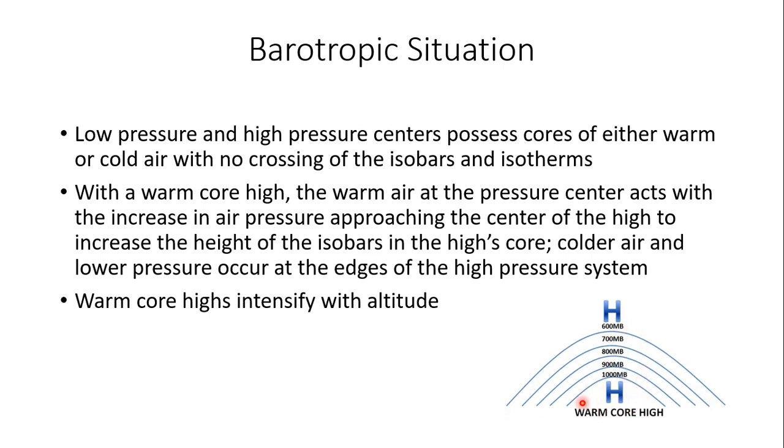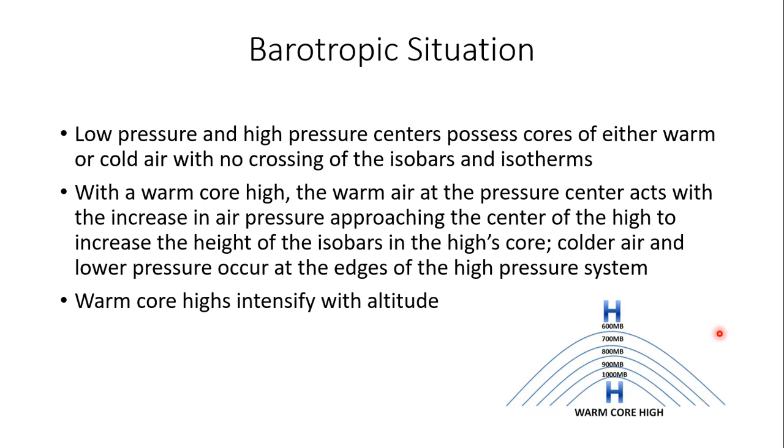But you'll notice this expanding dome-like feature with a warm core high. So the overall heights rise drastically. They get higher with altitude when we're talking about a warm core high. And the upper level heights tend to lower on the edges of warm core highs.